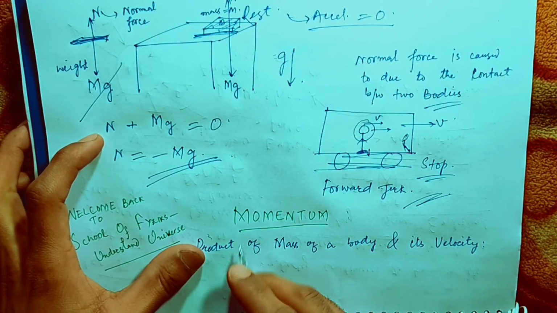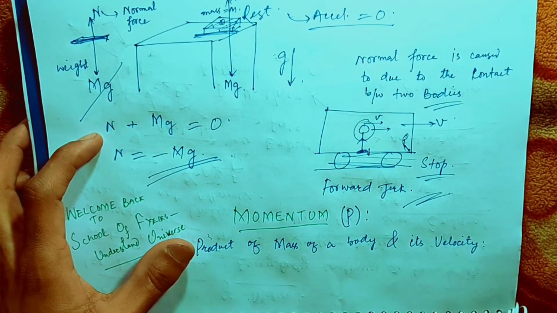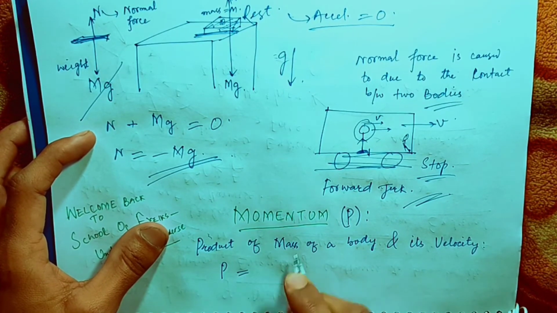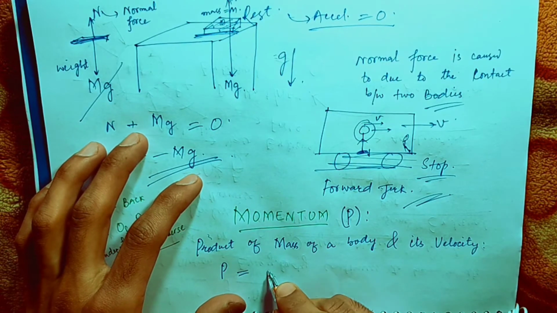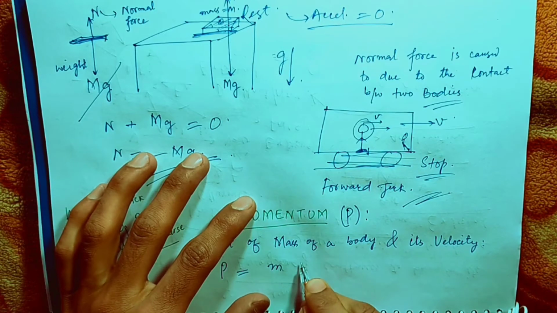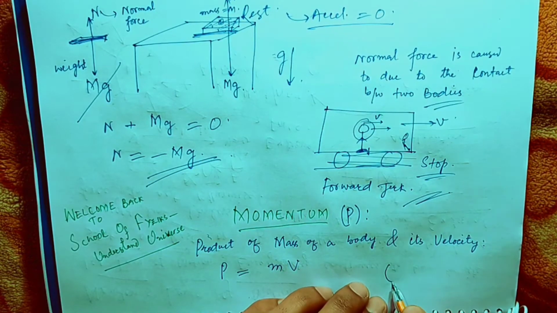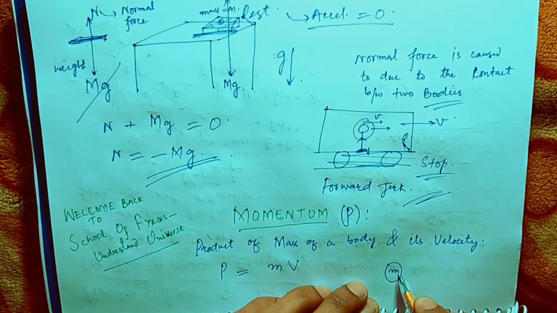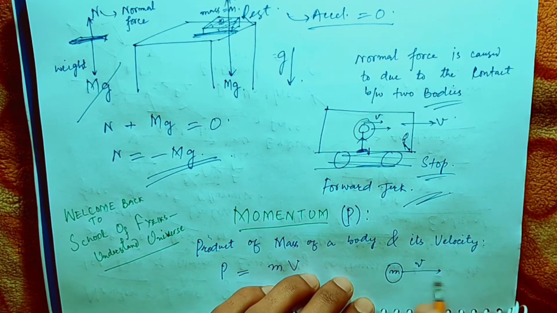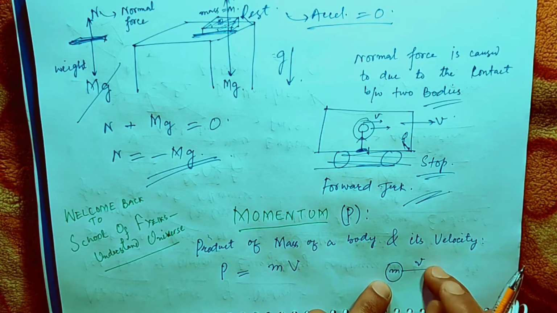Momentum is denoted by P. So P is equal to the mass of the body, say we represent it by m, multiplied by the velocity of the body. Suppose this is our body with mass m and velocity v, moving in this direction. Its momentum is the product of this mass and its velocity.